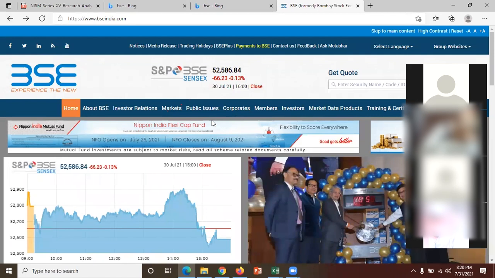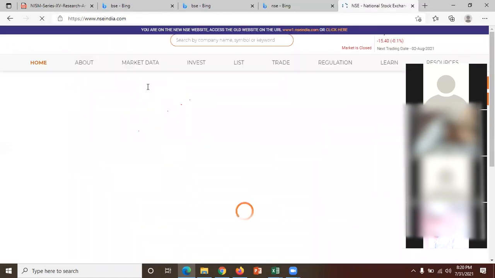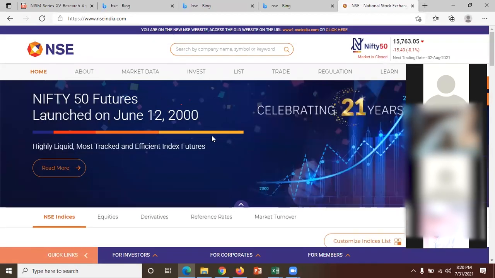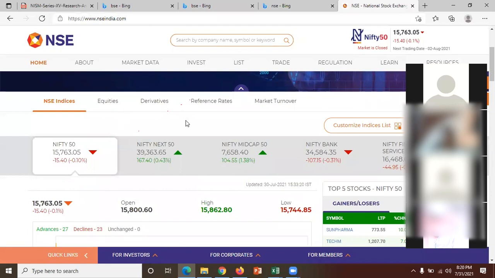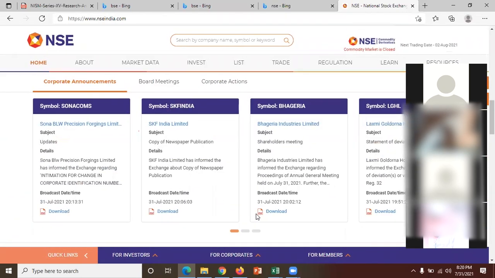So there is one on NSE also. I will just show you the NSE's website. Next time you need to tell me how to download the historical data from the NSE website. See, equities, derivatives, open, high, low, close, how much volume, the daily charts.